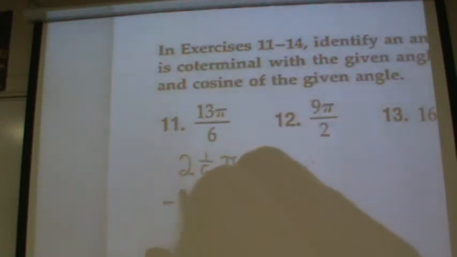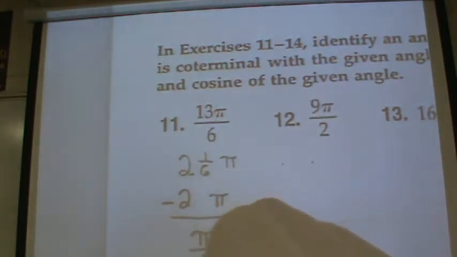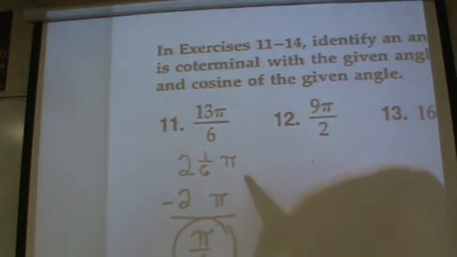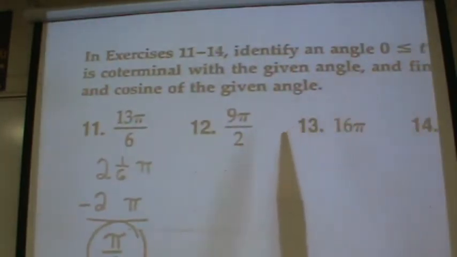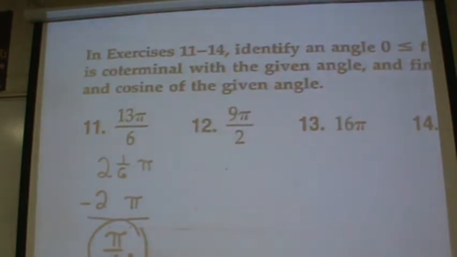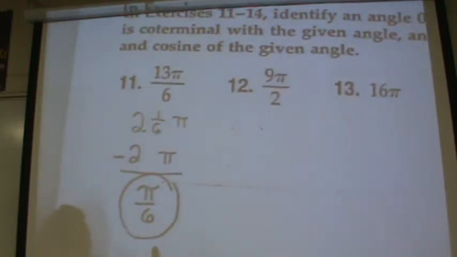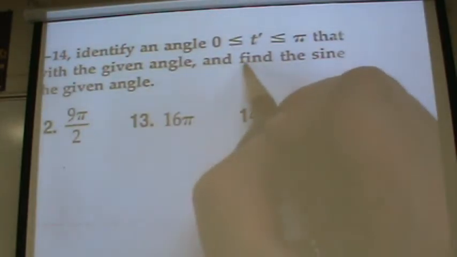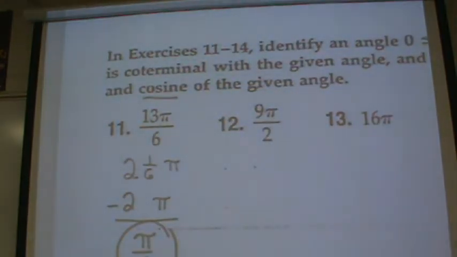If you subtracted 2 pi from this, you would have pi over 6. That is the angle between 0 and pi. Now, what are you going to do with that pi over 6? In the directions, it says find the sine and cosine of that given angle.